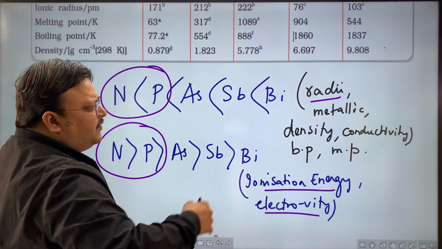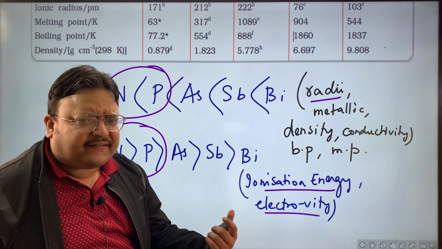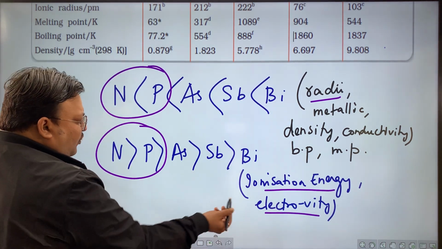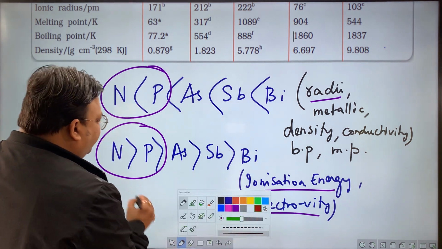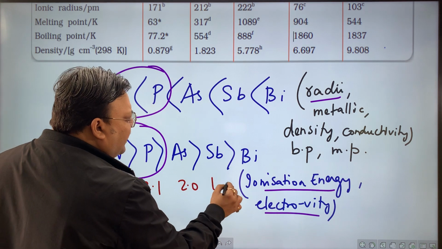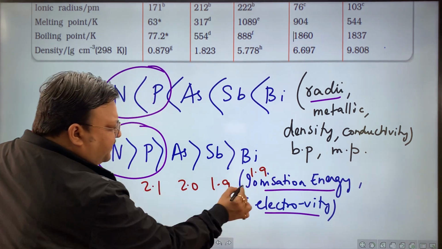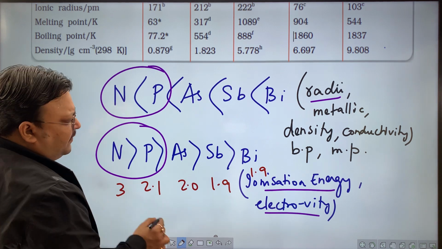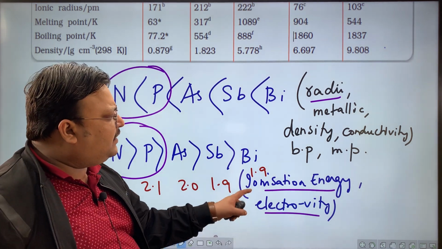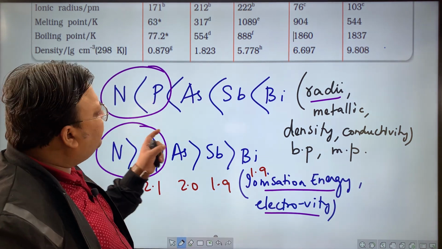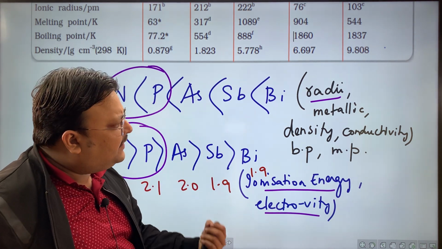Down the group the difference will be lesser. I happen to recall some electronegativity values: 3, 2.1, then 2 and then 1.9, I believe. So see, the difference is lesser now. Here the difference is very prominent. Down the group, the difference will decrease.